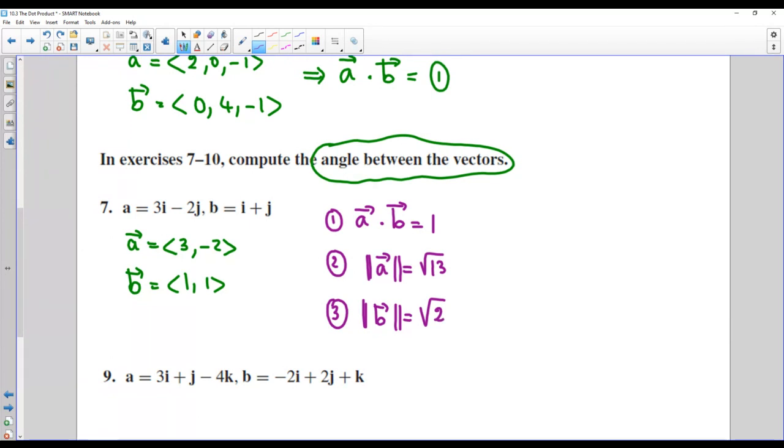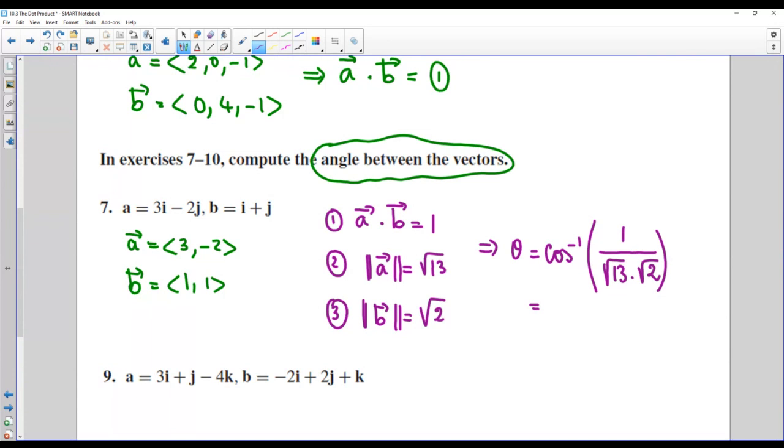Okay. After that, we can say theta is cosine minus 1 of 1 over the square root of 13 multiplied by the square root of 2, and this will give you what you want.